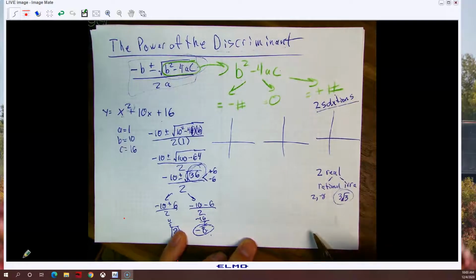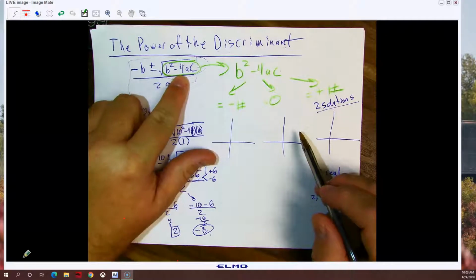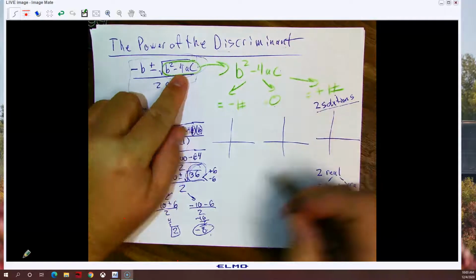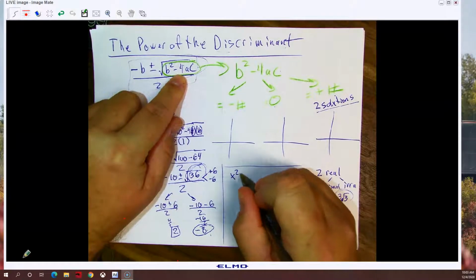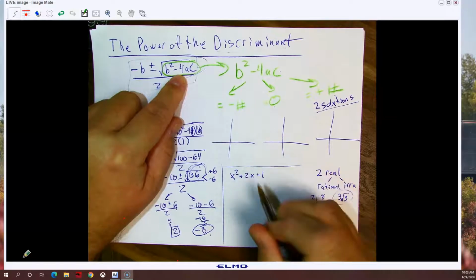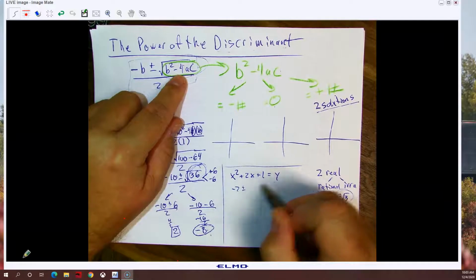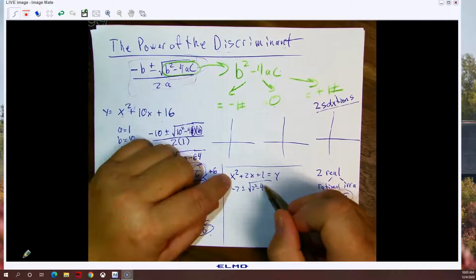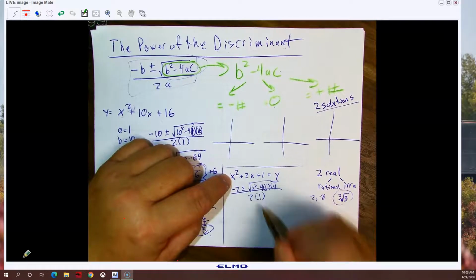Now, on the other hand, what if I had a discriminant that was actually 0? So in the case of x squared plus 2x plus 1 equals y, I get negative 2 plus or minus the square root of 2 squared minus 4 times 1 all over 2 times 1.